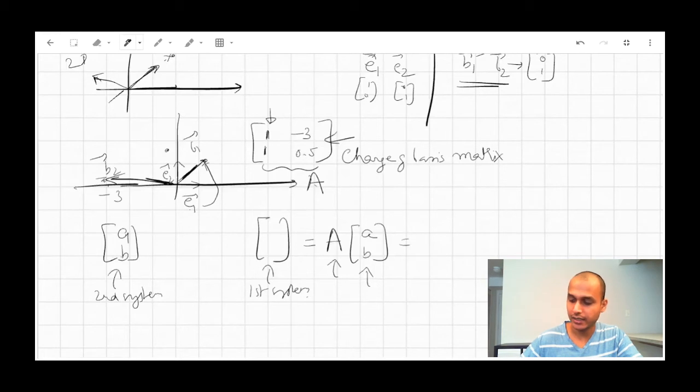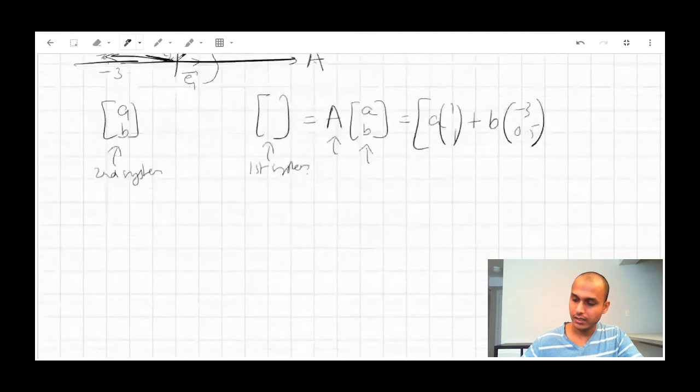That's what this is, right? So it's like a times (1, 1) plus b times (-3, 0.5), right?